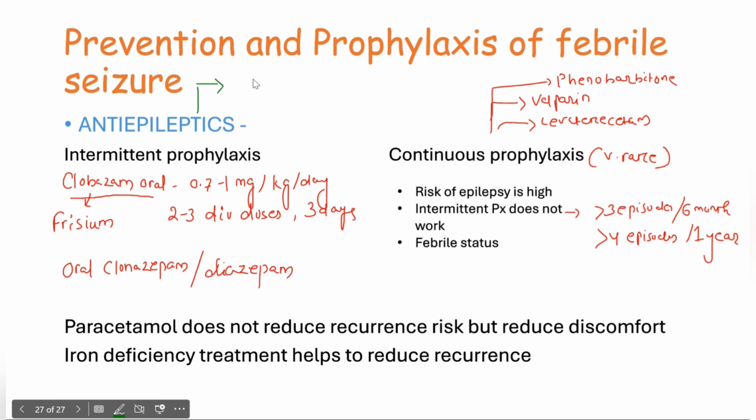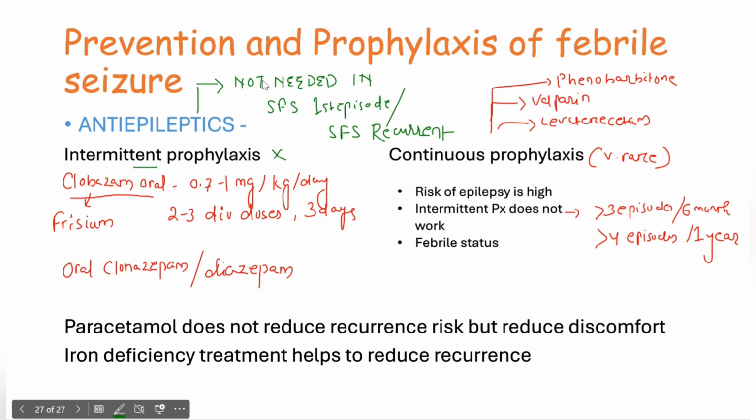But one thing you need to remember, drug prophylaxis is not needed in case of simple febrile seizure. In simple febrile seizure first episode, or even in a recurrent episode, there is no need for any drug prophylaxis. Nowadays, intermittent prophylaxis is not recommended.